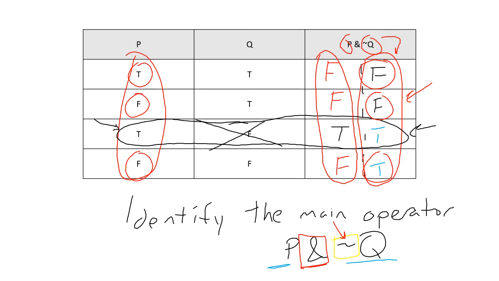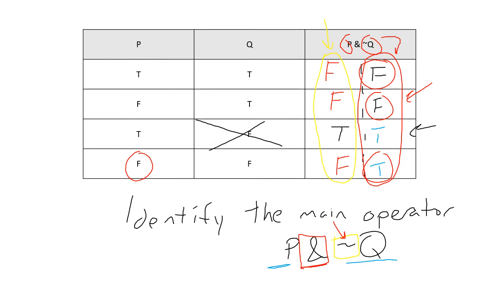I should have used a different color on that, which I will. Use yellow. So this column becomes the value for the whole statement. Now, when you take quizzes and do exams, the only one that we care about is this yellow column.